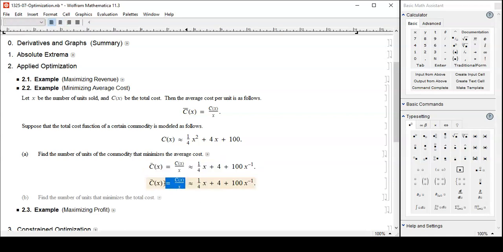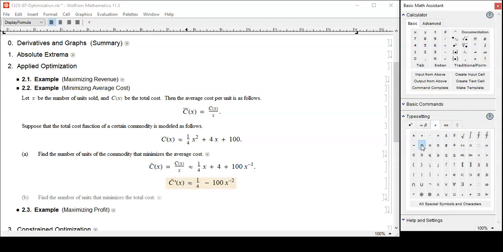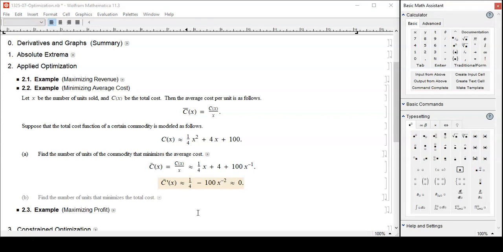Okay, let's go ahead and do that. And then what's the derivative? 1/4, and then this plus 4 just goes away, and then that's negative, and then we get negative second power. Is that right? And set it equal to 0. Check the derivative.